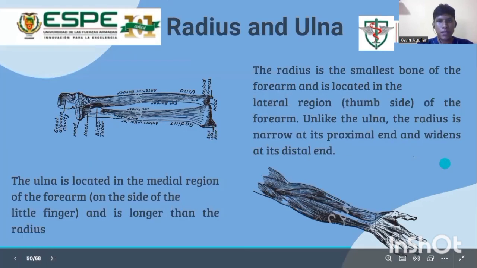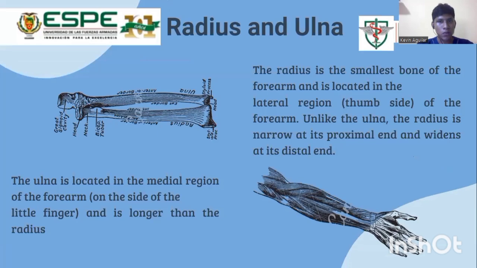Next are the radius and ulna. The radius is the smallest bone of the forearm and is located in the lateral region, on the thumb side of the forearm. Unlike the ulna, the radius is narrow at its proximal end and widest at its distal end.